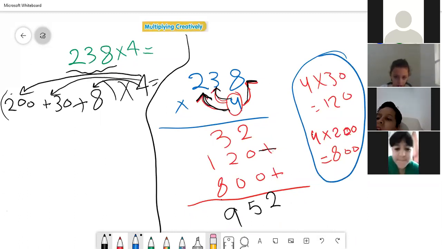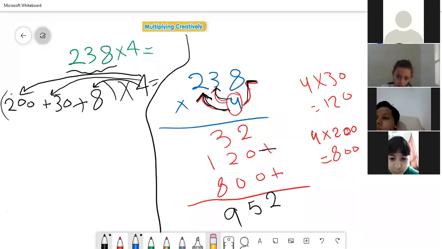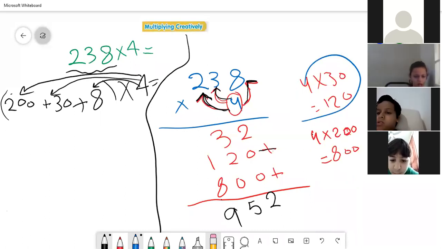The 4. Yeah, this one. What is 4 times 30? Yes, multiplication. We multiply 4 by 3. But why do we multiply by 30? Where is the 3 here? Okay, let's say by 3. 4 times 3 is 12.